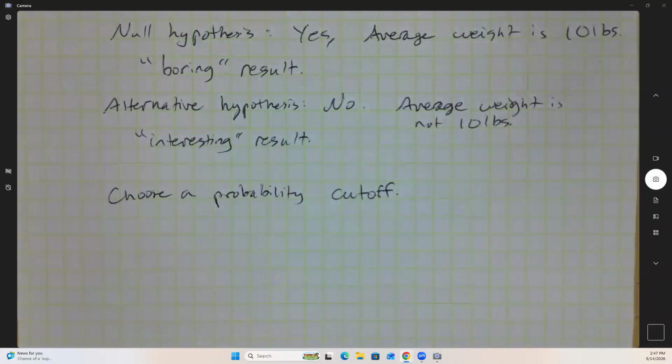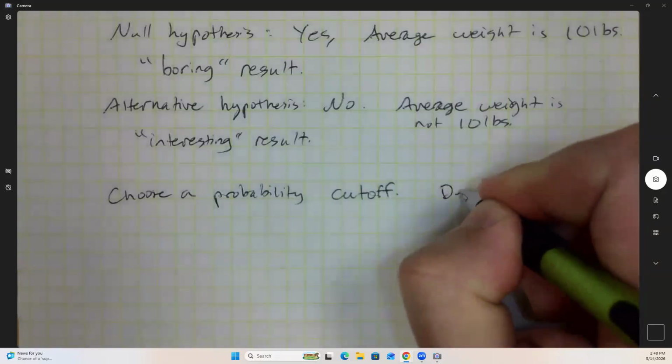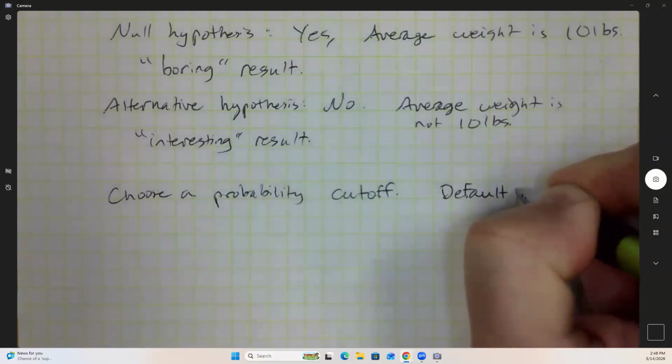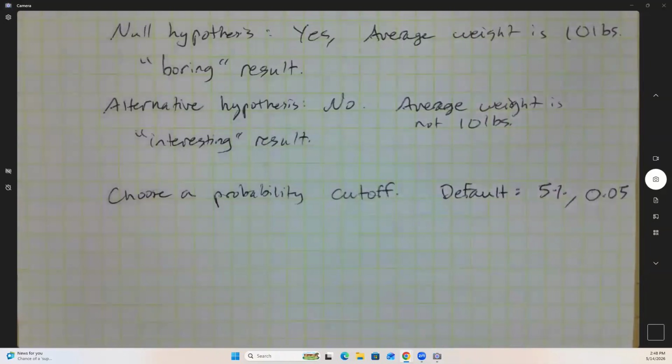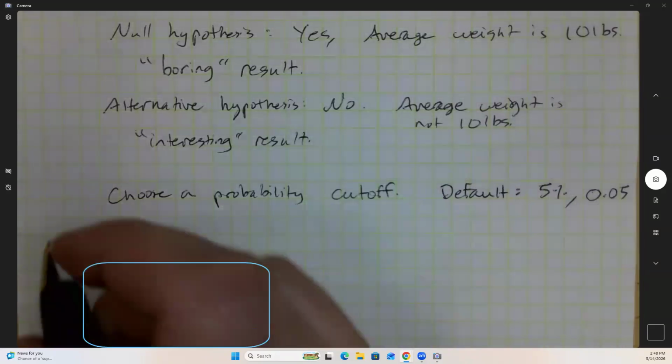But as a default, let's choose 5% because that's what we always pick if nobody tells us otherwise. 5% or 0.05. Now let's go out and collect some data.